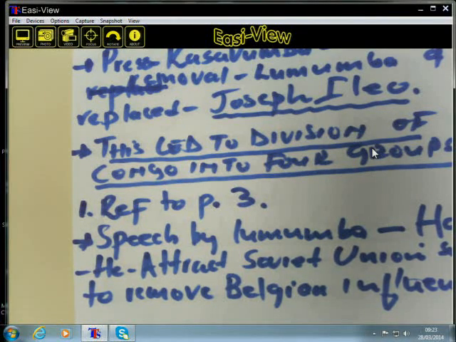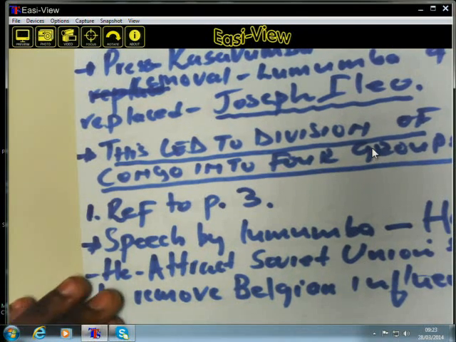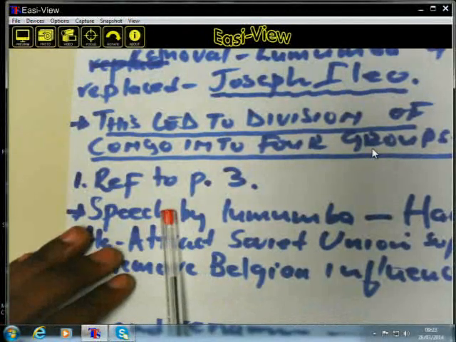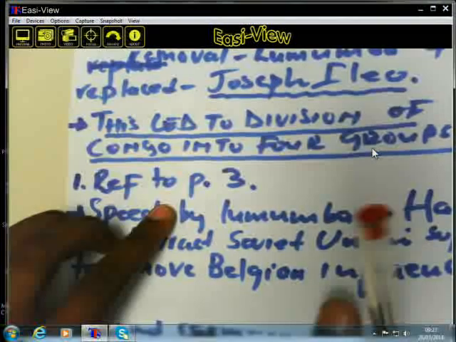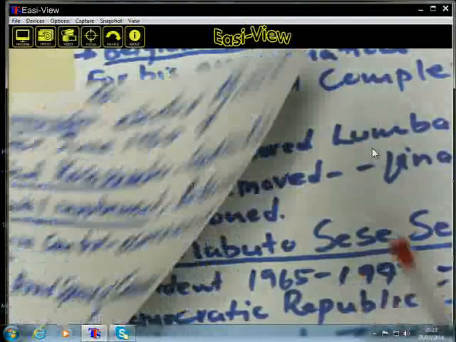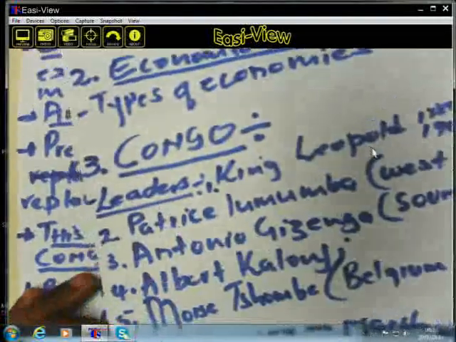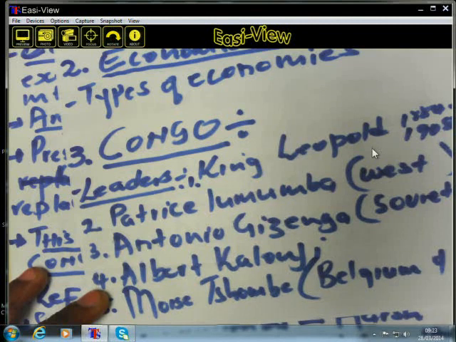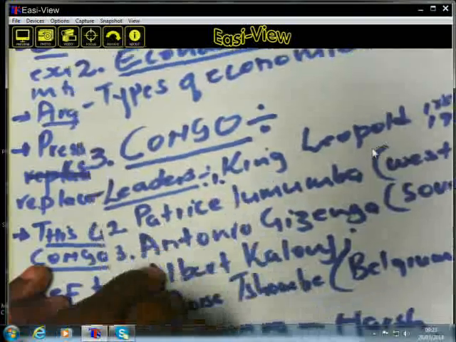The removal of Patrice Lumumba as the prime minister led to a serious division in Congo, whereby Congo was divided into 4 groups. These 4 groups are the ones that I talked about on page 3, whereby Patrice Lumumba was leading from the west, Antonio Gezenga, Albert Kalonji, and Moise Tshombe.